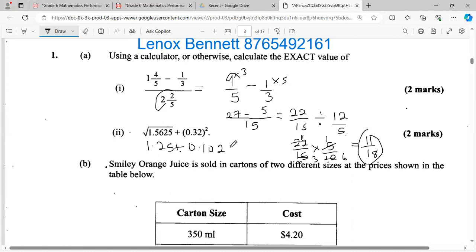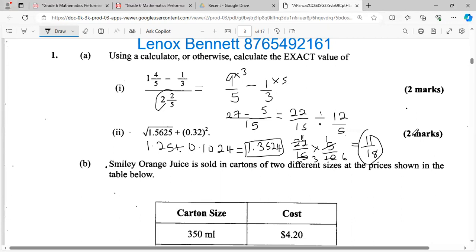And of course, it's plus. So we're just going to add it. My calculator tells me the answer is 1.3524. They did not say round it off to anything, so we just put the exact figure, 1.3524. And that would be our answer. So that's another 2 marks.